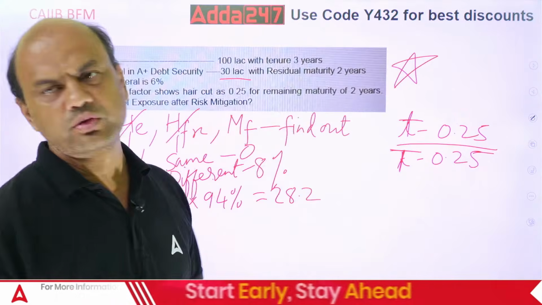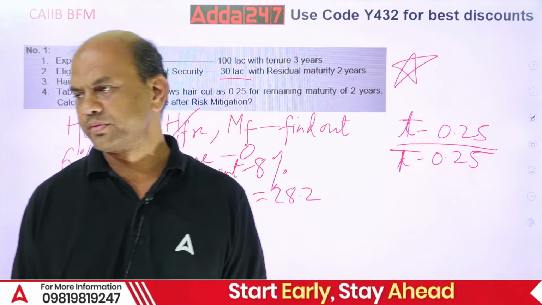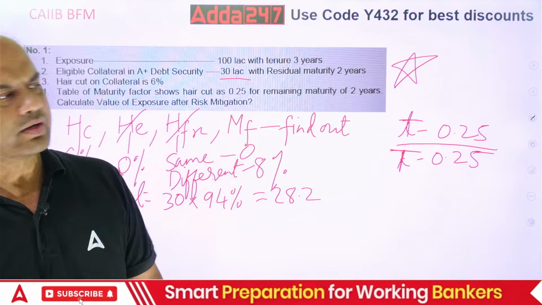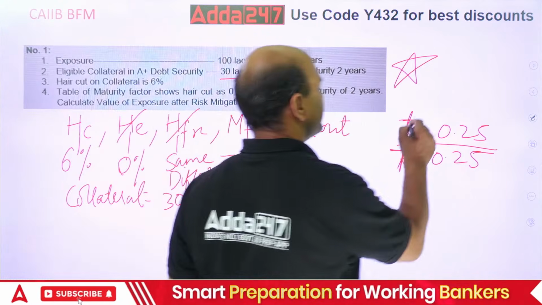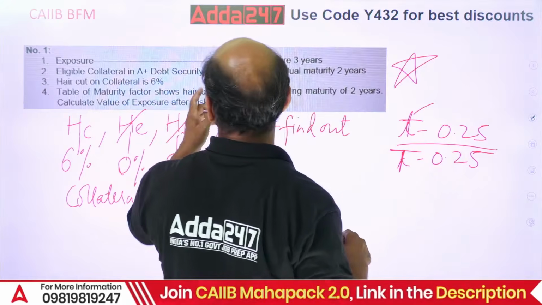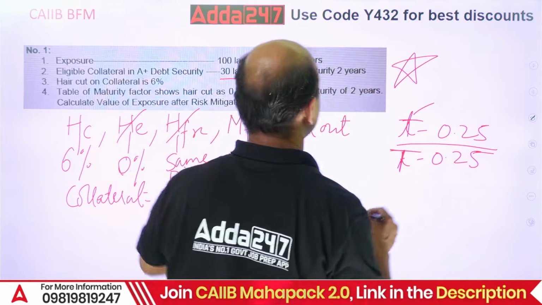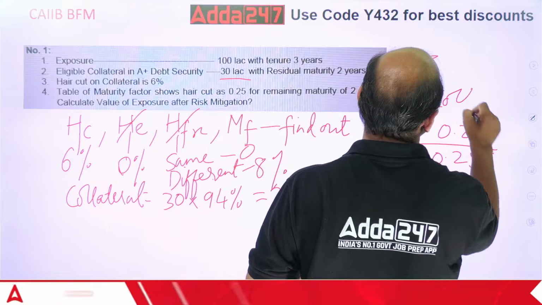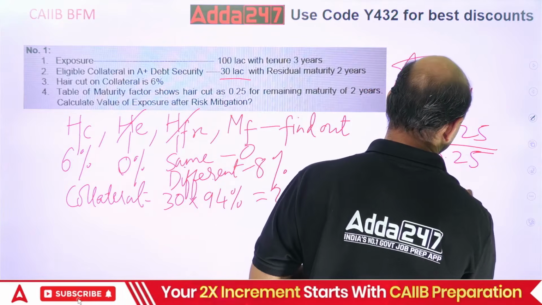Small t was for the 2 years, the collateral, and capital T was for the loan.